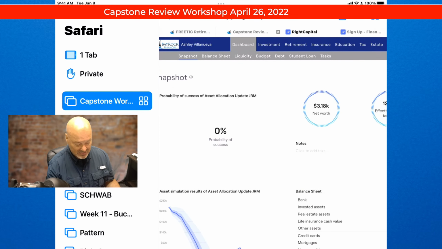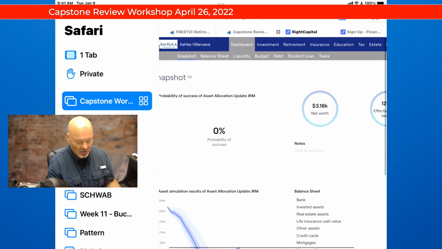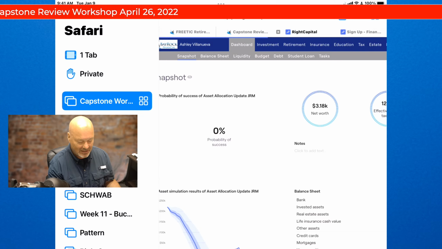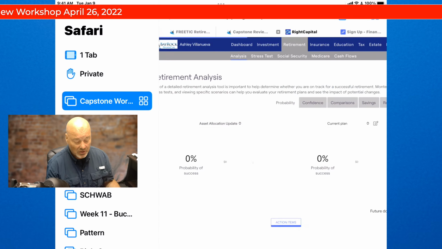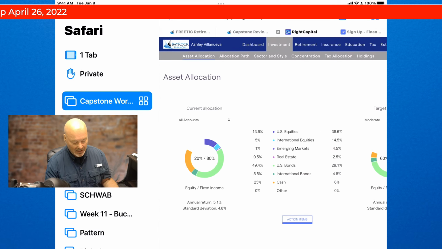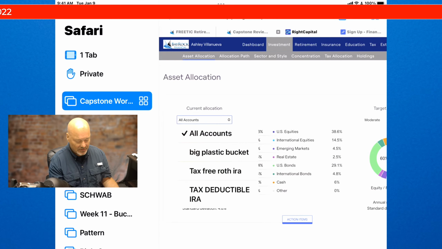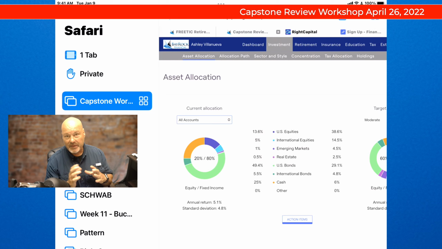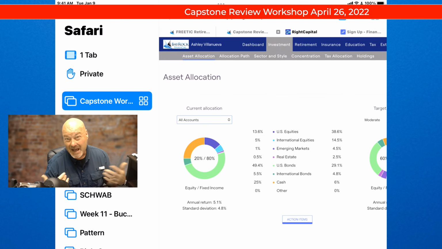Ashley's question is, how does she change her asset allocation? So you would think you'd go to investments and you would change it, but you don't really get to see that. You see that Ashley set up a tax-deductible IRA, a tax-free Roth IRA, and a big plastic bucket. So that big plastic bucket is the taxable.